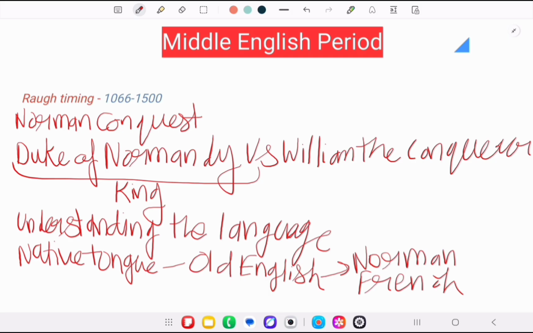So they had to suffer in understanding each other's language. So the period that begins is known as the Middle English period.